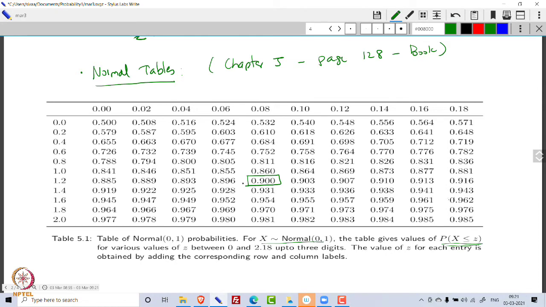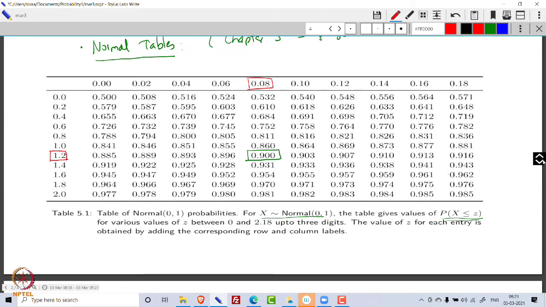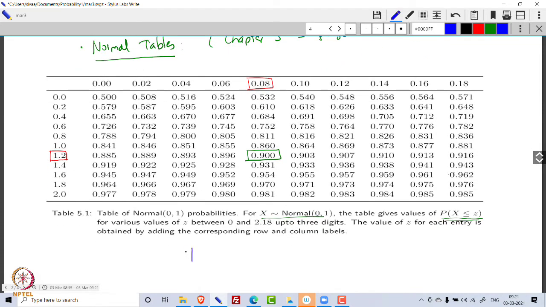If you look at how to read this table, here is 1.2, and then I increase by 0.0, 0.02, 0.04, 0.06, and 0.08. So the probability that x, normal 0, 1, is less than 1.2 plus 0.08, that is 1.28, is approximately equal to 0.9. That's how you interpret the table.